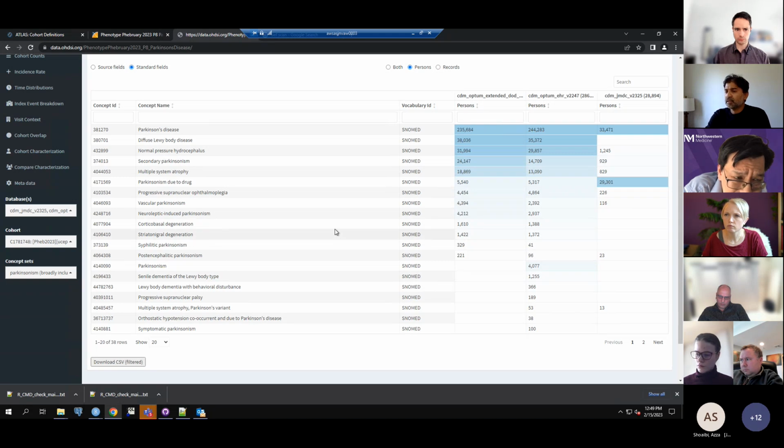The other explanation is that the codes that are part of secondary Parkinson's disease and neurodegenerative Parkinson's disease are not present in JMDC. Because they're not present, they're not being excluded, and all the people belonging to that female preponderance and younger age belong to that non-Parkinson's disease group. But that should mean there's some code sneaking through in JMDC that allows it to be included in the cohort that somehow I'm not excluding.